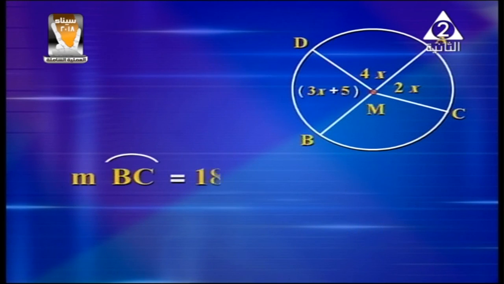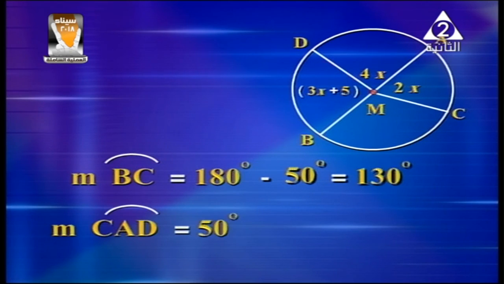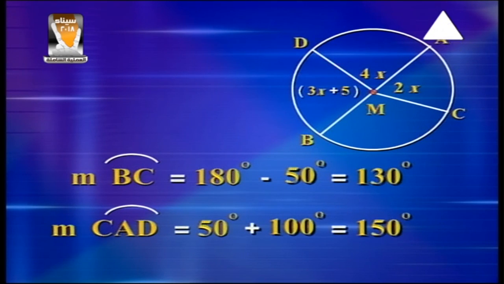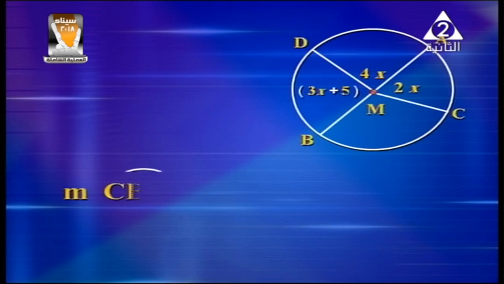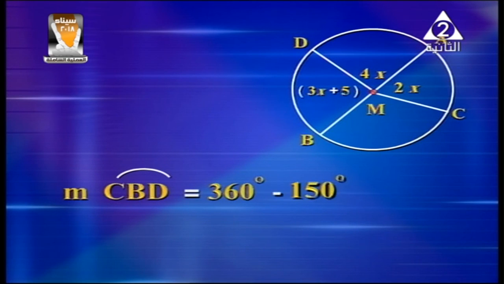Yes, measure BC arc equals 180 minus 50 equals 130 degrees. What about measure CAD arc? It is 50 plus 100 equals 150 degrees. Finally, what about measure CBD arc? It is 360 minus 150 to obtain a result as 210 degrees.